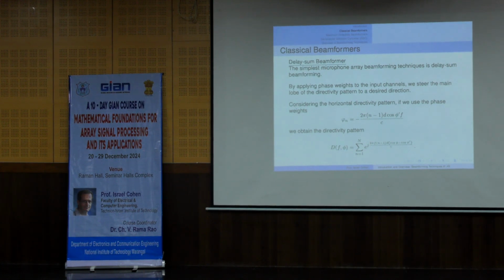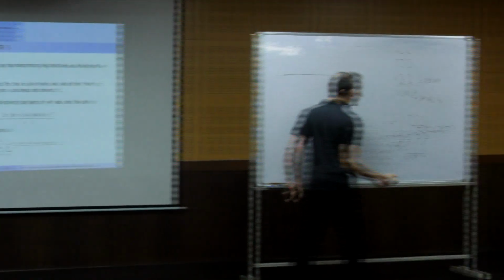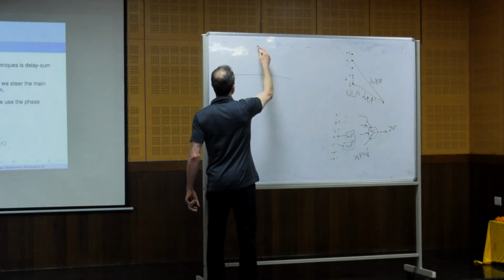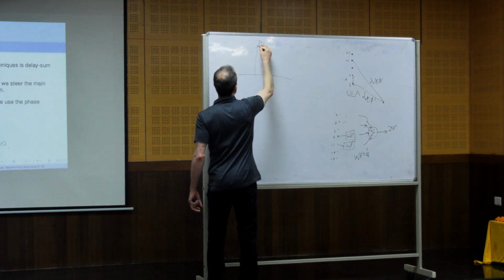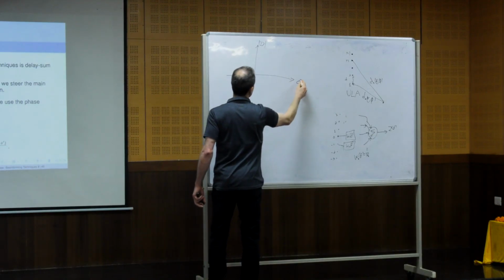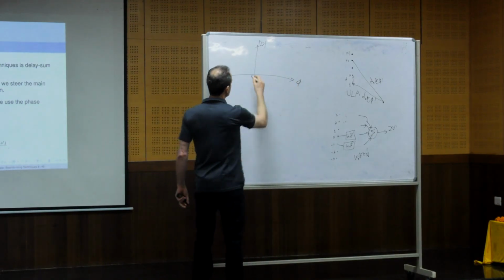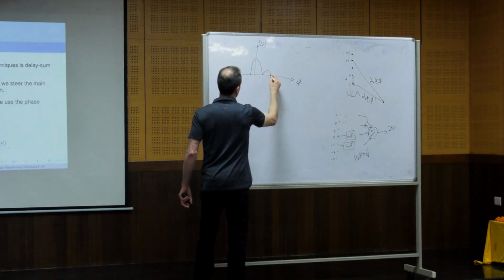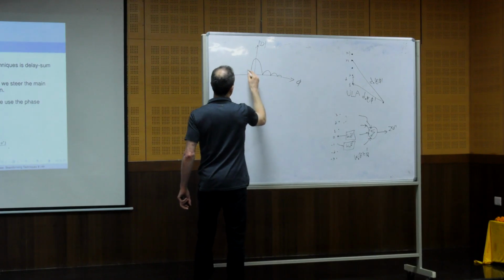if we take weights which are constant, 1 over n, the beam pattern or directivity pattern as a function of phi looks something like this.